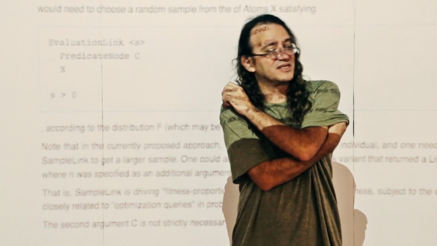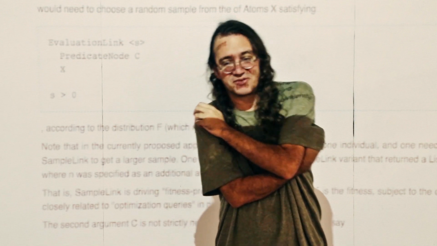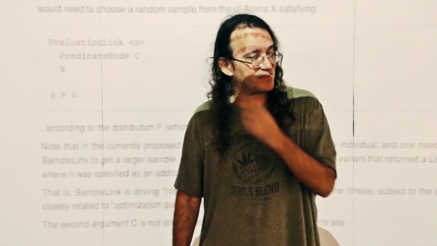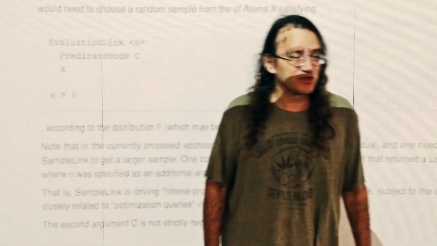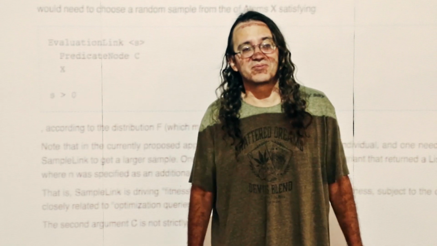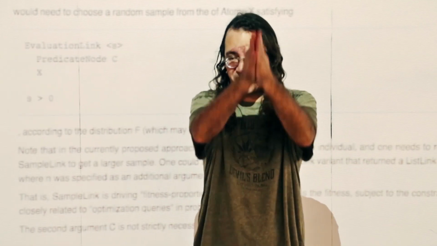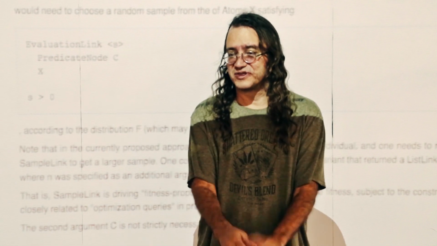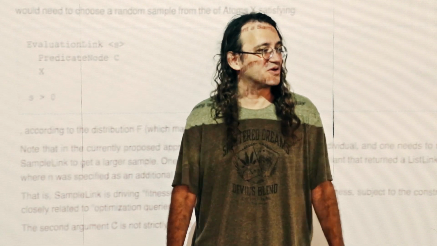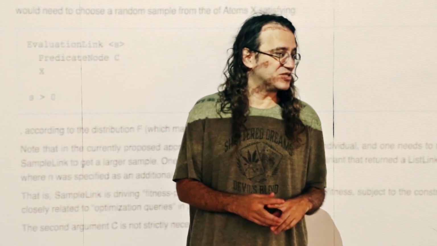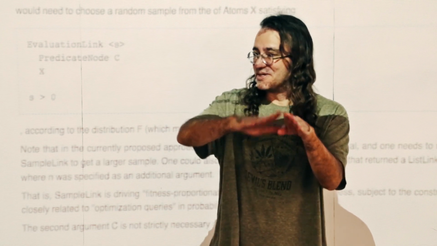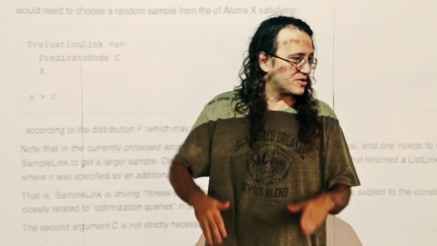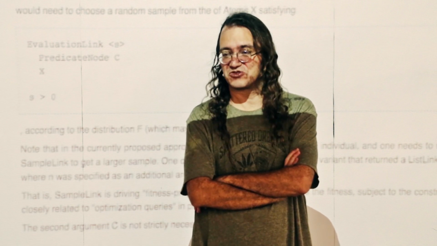Instead of having a primitive that would sample from a distribution by Monte Carlo sampling, he would try to find basically the highest probability value according to some distribution. He called that an optimization query. Behind the scenes he used a genetic algorithm to search and find which value was most probable according to some distribution.